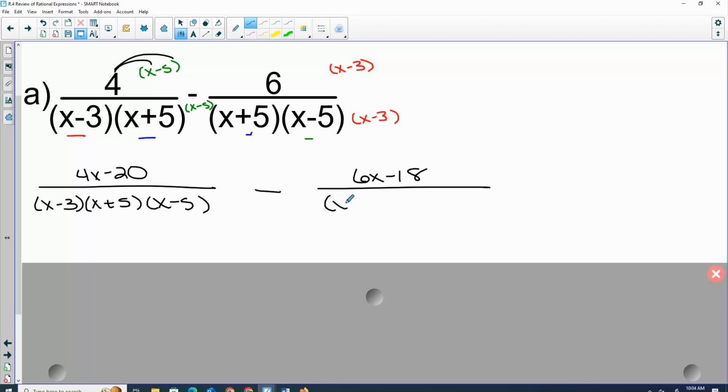So we're multiplying out the top, but not the bottom. If we have a minus here, what do I need to do with that? Change it to a plus and distribute a negative through the top of the second fraction. Now my denominators match. When you add them, the denominator doesn't change, so I still just have all of those parentheses.